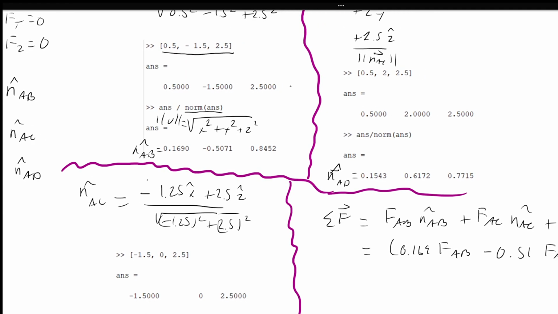And so all of that is in the I-hat direction. Now we need the J-hats. 0.5071. I'm going to forget that decimal if I'm not careful. FAB plus 0.6172 FAC.